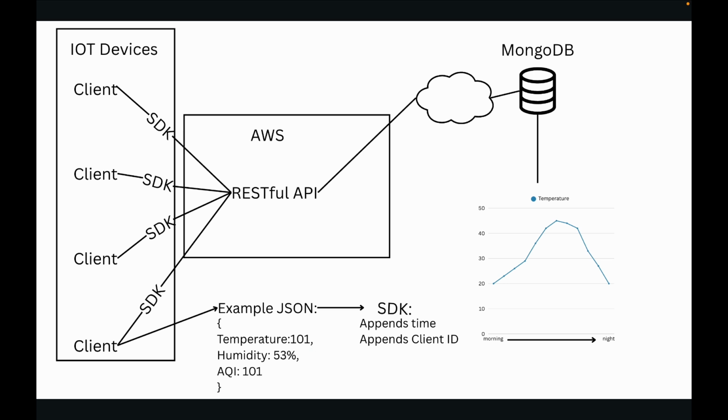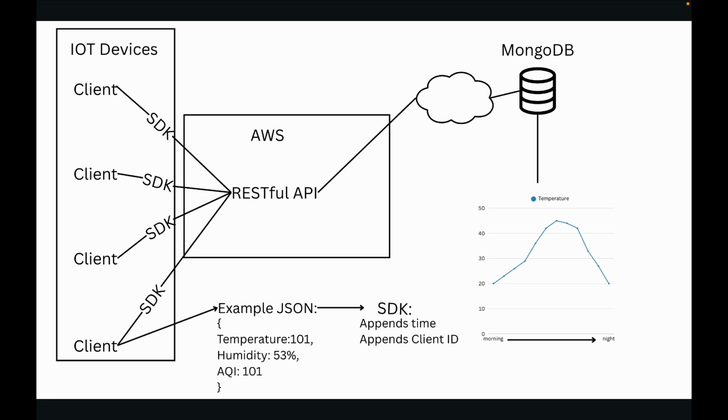So after this JSON is generated, the client will make a call to the SDK to post the JSON to the MongoDB server. The SDK will then append the time of sending and the client ID and then send it to an AWS server with a RESTful API on it. The RESTful API will take the JSON, give it a unique UUID and then send it through the cloud to the MongoDB server.